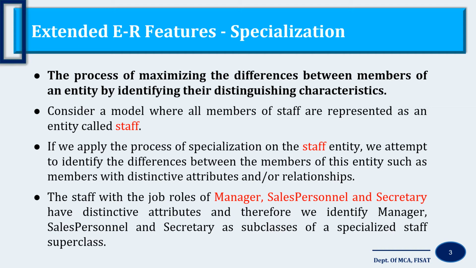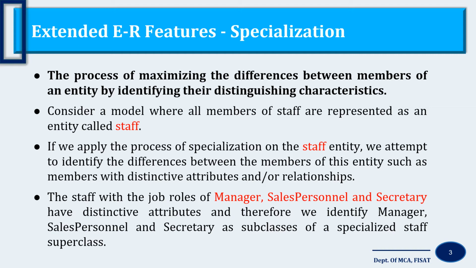Let us consider an example. We are considering the entity called staff. If we apply the process of specialization on the staff entity, we attempt to identify the differences between the members of this entity, such as members with distinctive attributes or relationships.